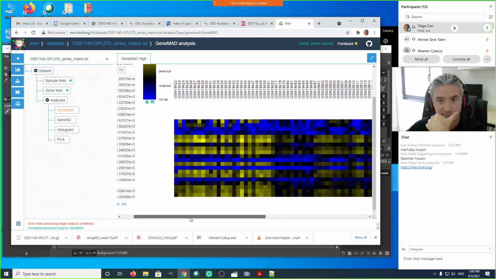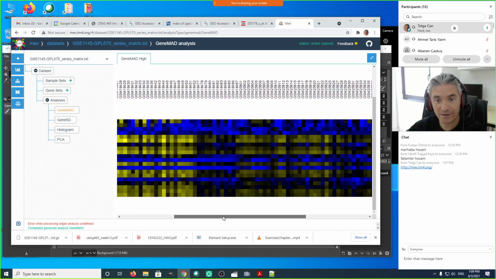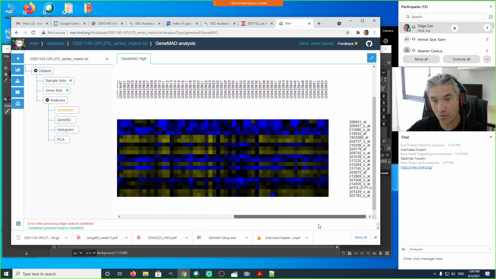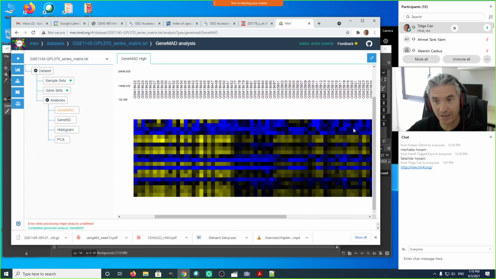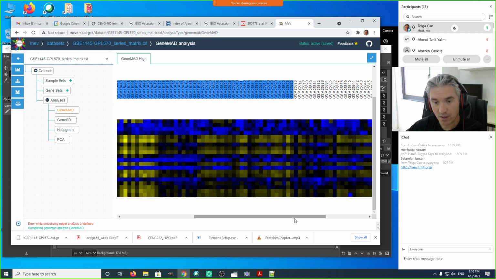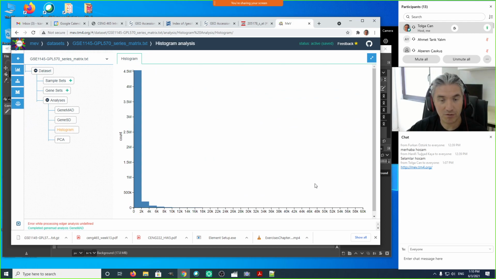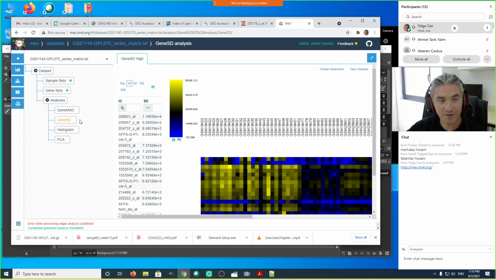But it's possible to analyze this entire dataset. As you can see, these quantities have certain color coding, and you're able to visualize them in a heat map. We can look at the histogram or other analyses that could be done with this tool.